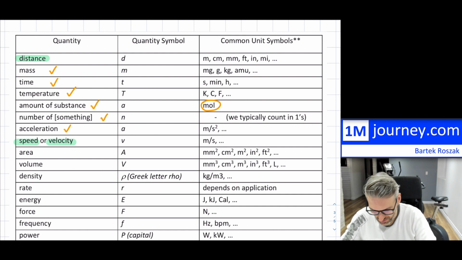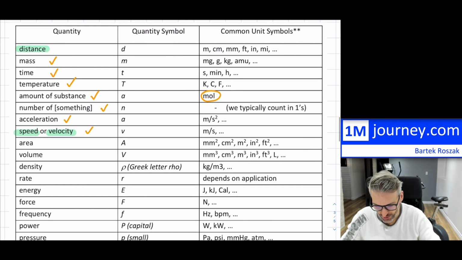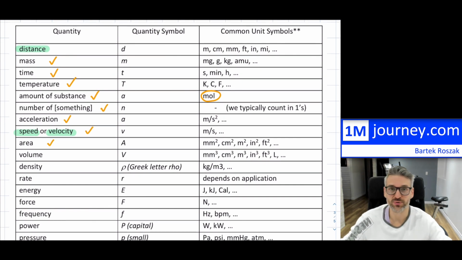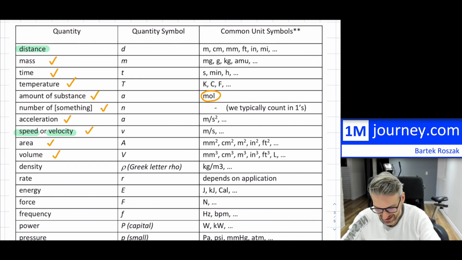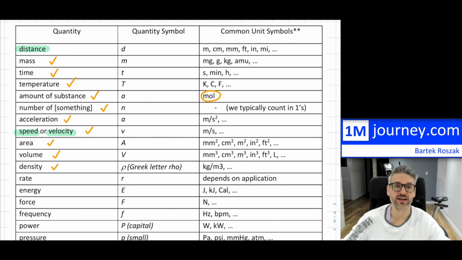Now we talked about speed and velocity, and you can go through these. Area, for example, so how much surface area? Well, that's simply a scalar. Volume, which is a three-dimensional measure, again, simply a scalar. Density, right? As you'll be maybe studying this and you may remember it from physics or you will study it in the future, it's also just simply a scalar.